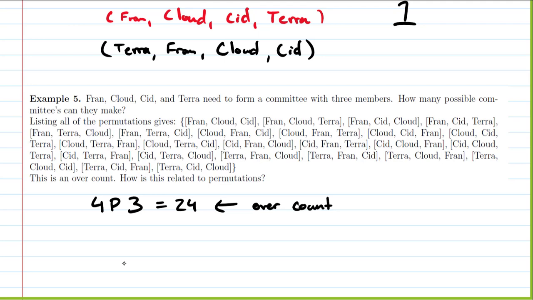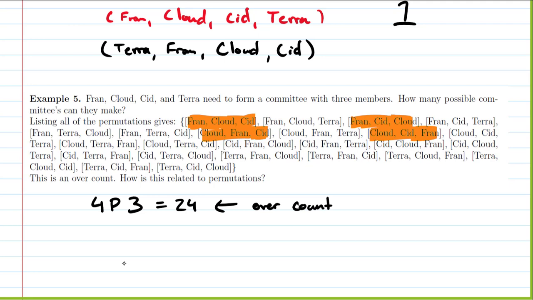Well, let's find all of the permutations that contain Fran, Cloud, and Sid. So I have Fran, Cloud, Sid. Fran, Sid, Cloud. Okay, that's the same. Fran, Sid, Tara. Nope. Fran, Tara, Cloud. Nope. Fran, Tara, Sid. Nope. Cloud, Fran, Sid. Okay. Cloud, Fran, Tara. No. Cloud, Sid, Fran. That's a yes. Cloud, Sid, Tara.